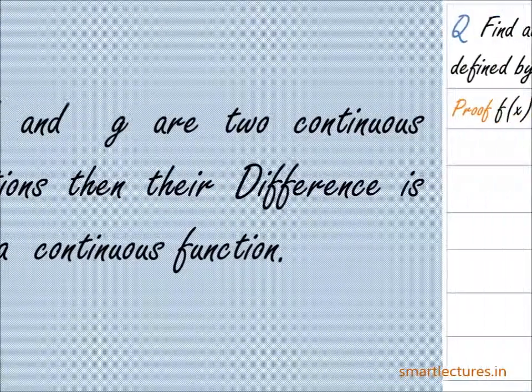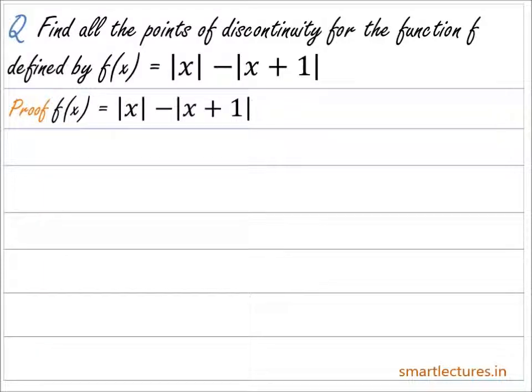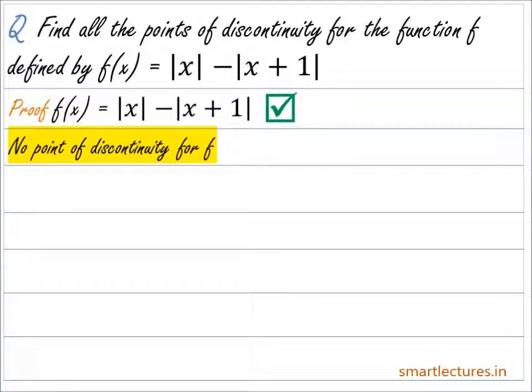So that means the function f(x) = |x| − |x + 1| is also a continuous function, which means there is no point of discontinuity of function f.